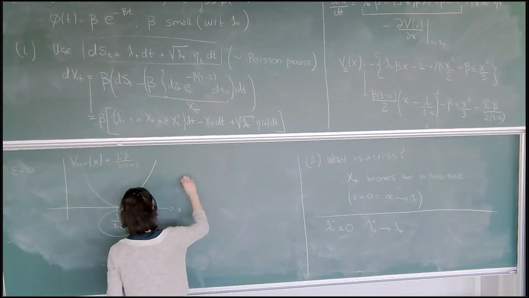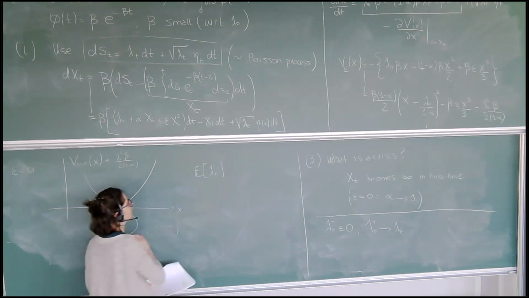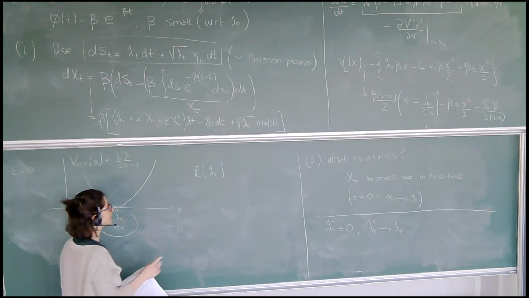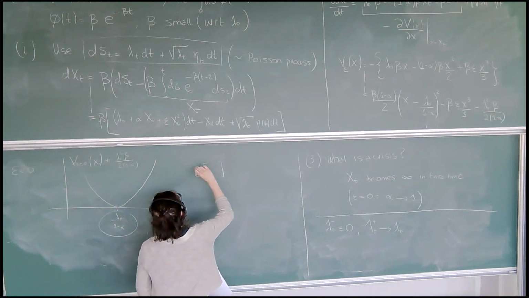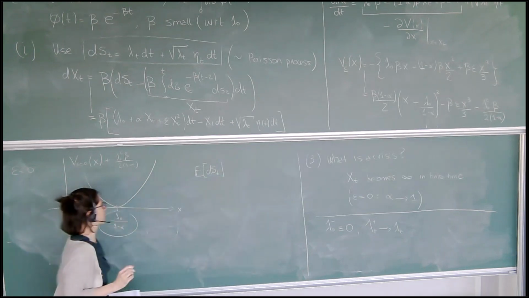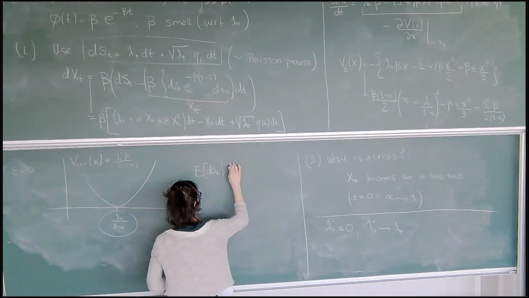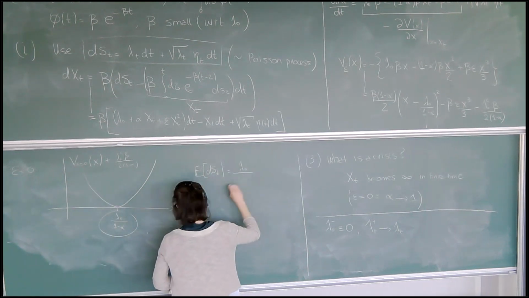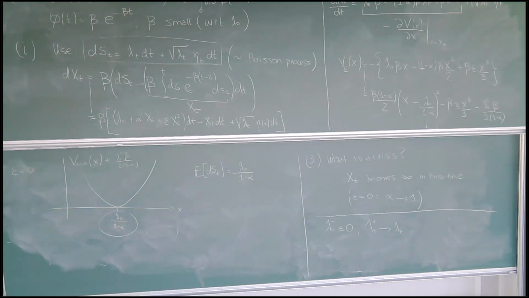So this was, if you want, the average of lambda t, or sorry, in this notation, it was the average of ds of t actually. Which was also the stationary value.